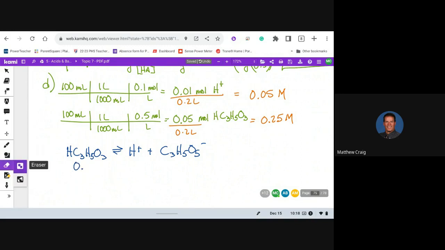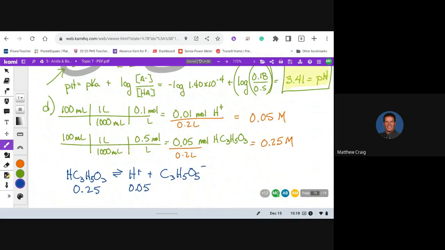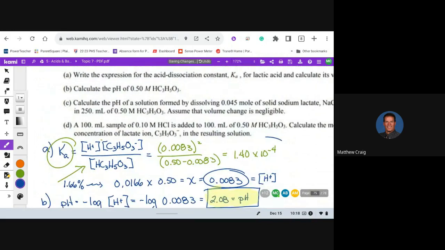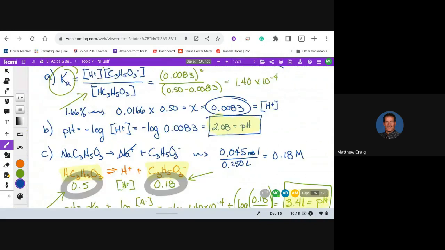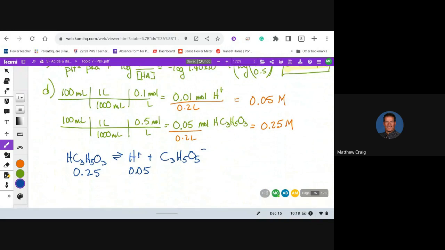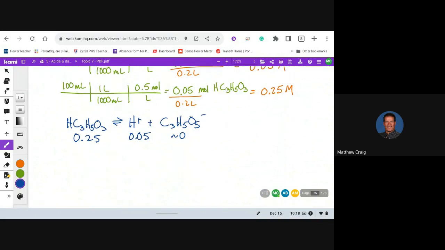Dang it. 2.5. Do we have any lactic acid in there? Nope. So we'll say approximately 0. We're actually solving for that.